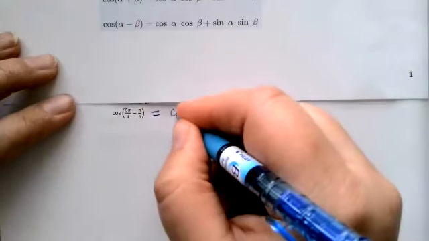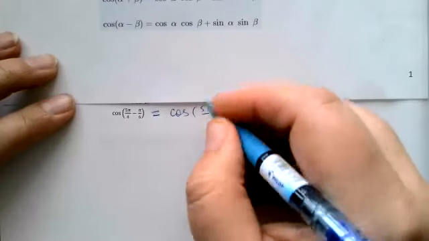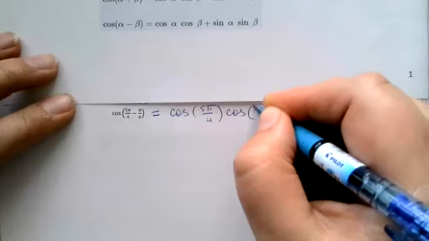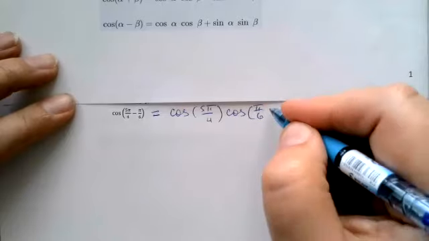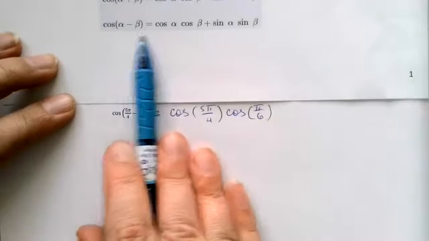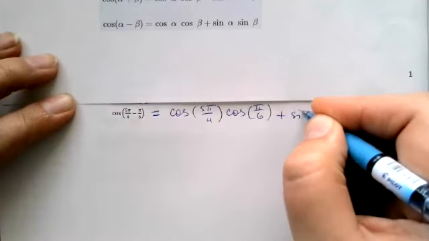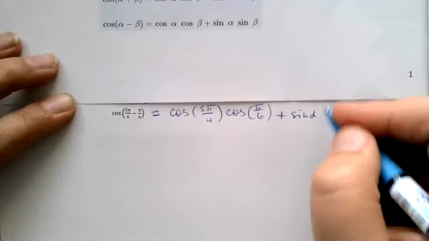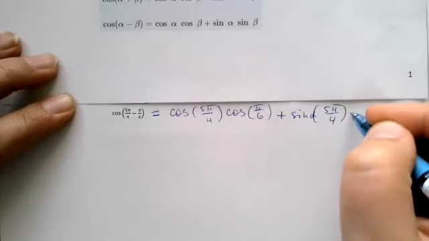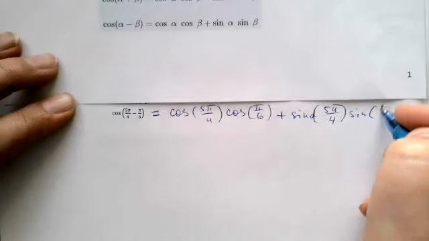Straightforward, cosine of 5 pi over 4 cosine pi over 6 plus, notice that even though there is a minus in the formula, there's plus here. So we have plus sine 5 pi over 4 multiplied by sine of pi over 6.